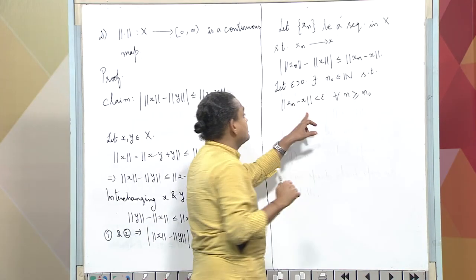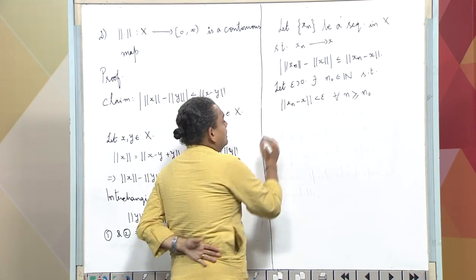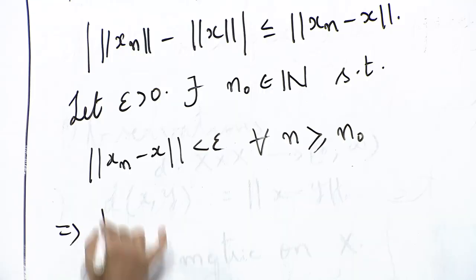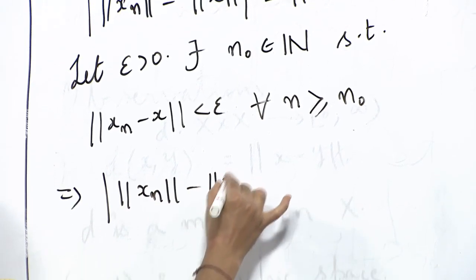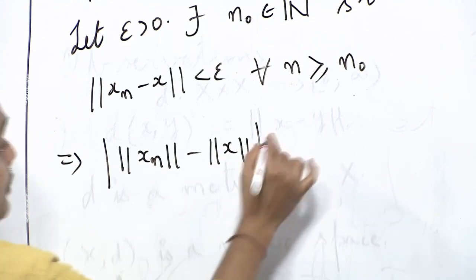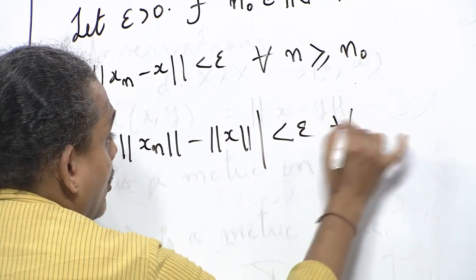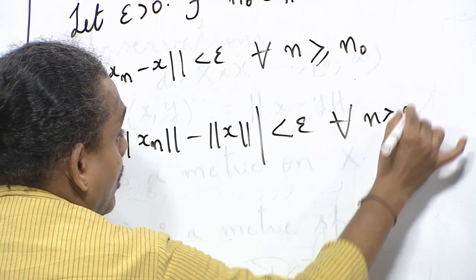Now, if I plug this into the above inequality, this will imply that modulus of norm x n minus norm x is less than epsilon for all n bigger than or equal to n naught.